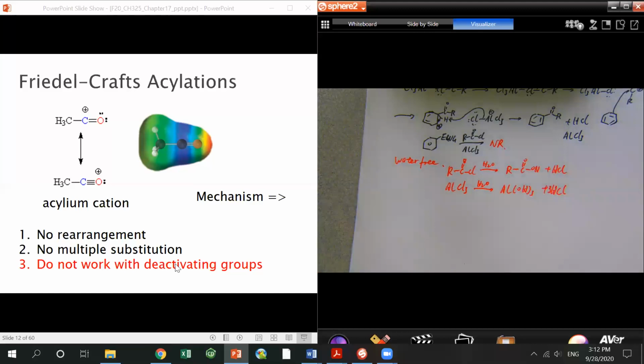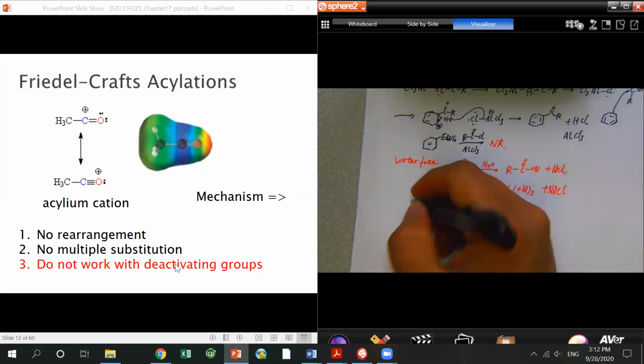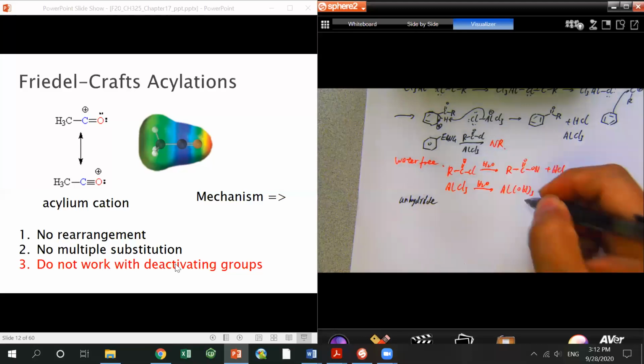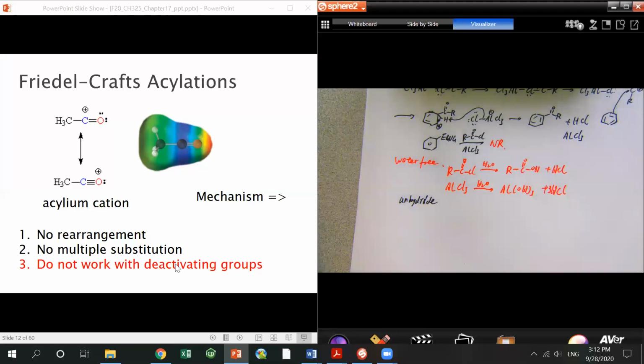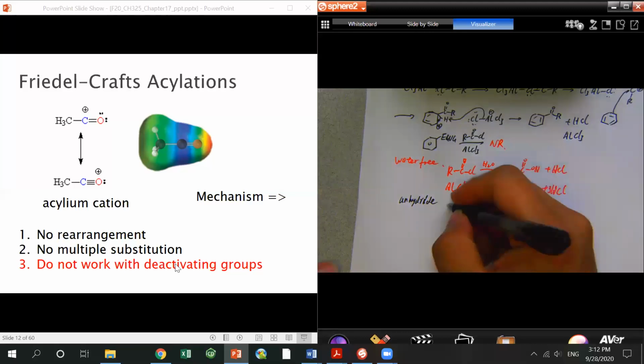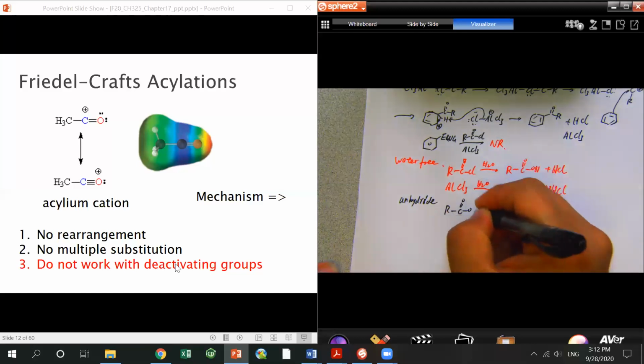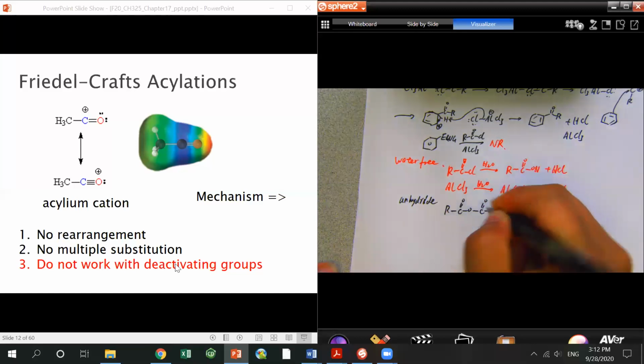And then the second thing: not only the acyl chloride as a reagent, you can also use anhydride. That also can be used for Friedel-Crafts acylation reactions. Yeah, that's anhydride.